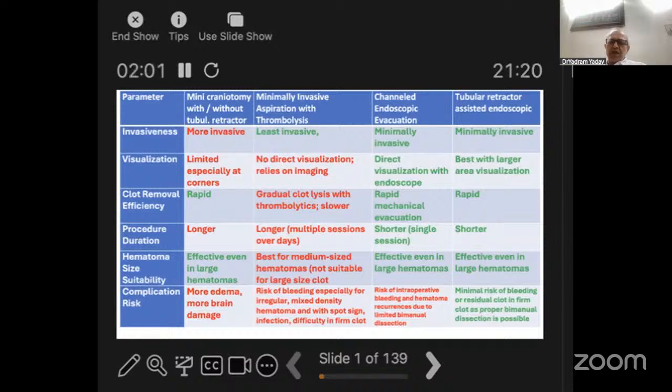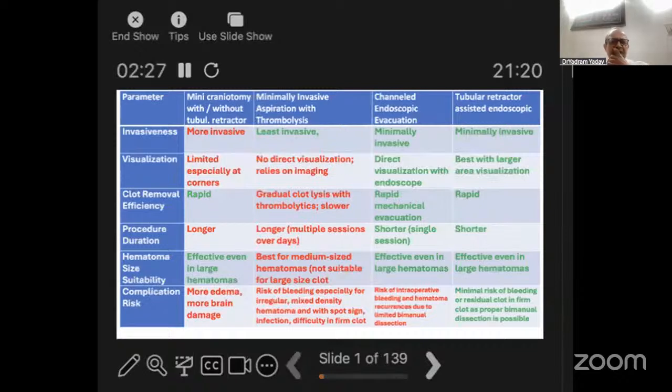The mini craniotomy is effective for rapid clot removal and is suitable for large hematoma, but it is more invasive and offers limited visualization, especially of the corner, and it may increase the risk of brain edema and injury. Whereas MISTIE thrombolysis is the least invasive technique, but it does not provide direct visualization.